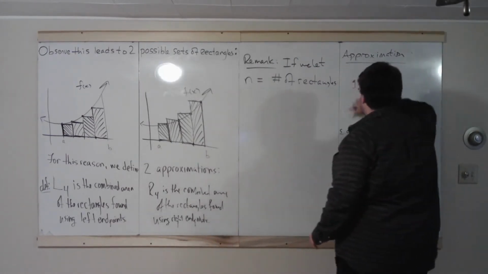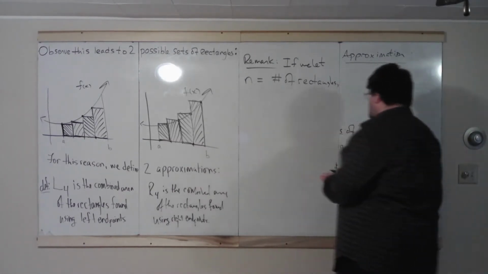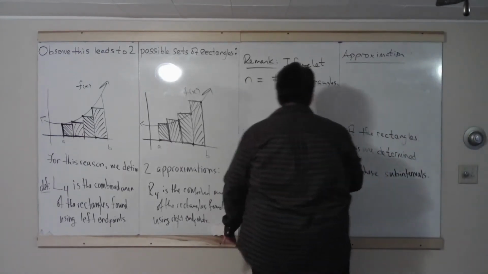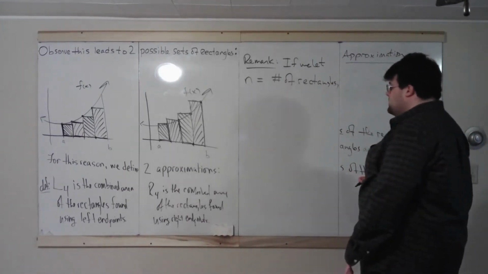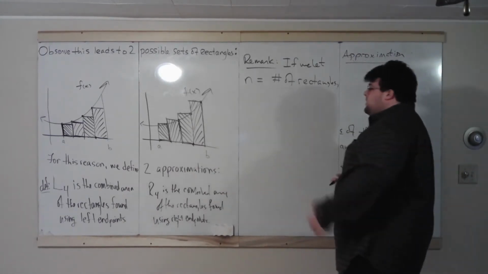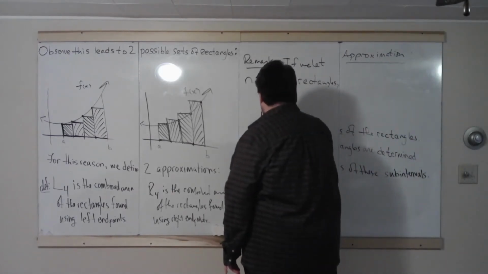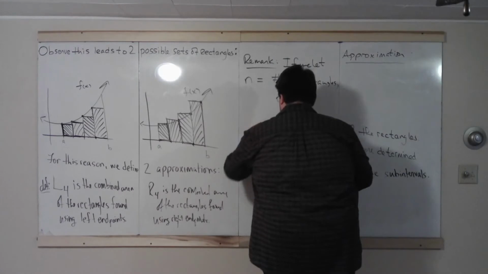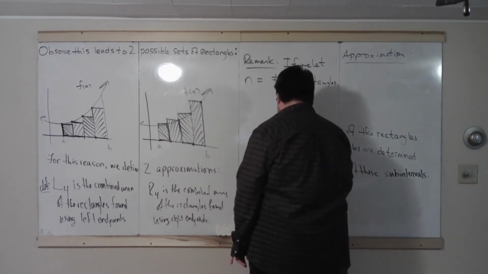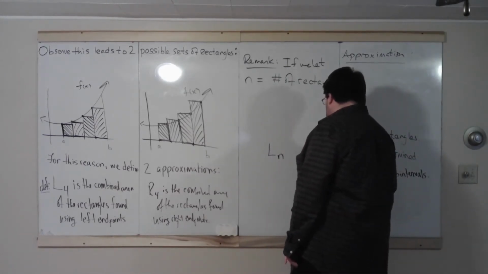If we let n equal the number of rectangles, you may not want to write what I'm about to write until I write the entire sentence, because I'm going to piece together something. If we let n equal the number of rectangles, well, then what are our approximations? Our approximations would then be Ln, and our other approximation would be Rn.